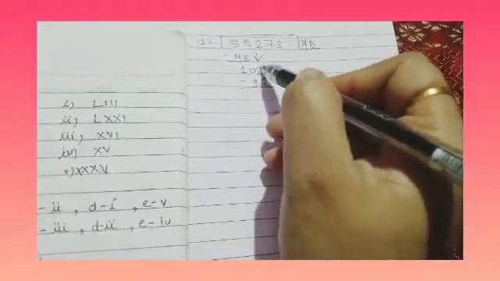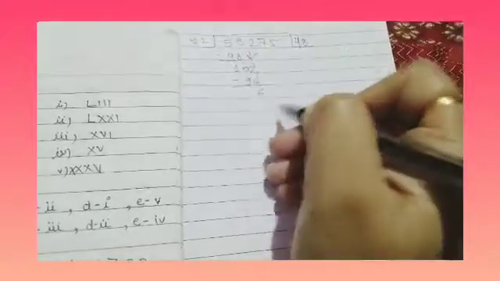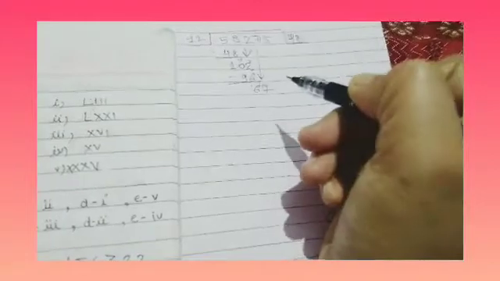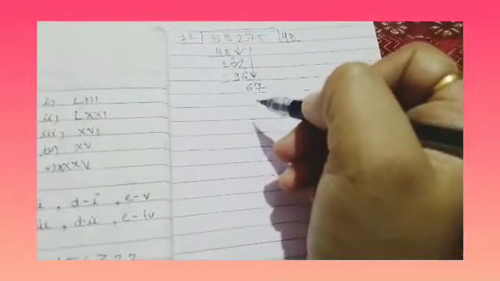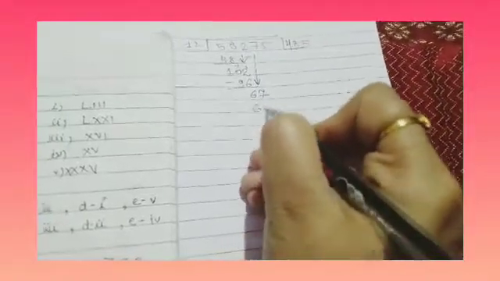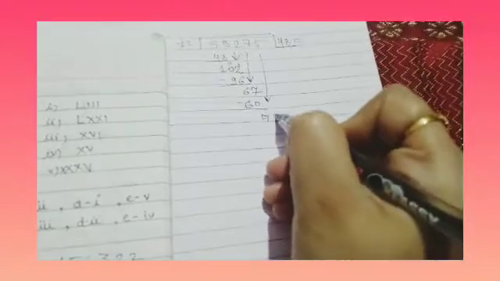Now what we have? 6 and here 9. So we will copy down 7. Okay, now we will have 12 5s are 60. Okay, so 7 remaining and copy down 5.